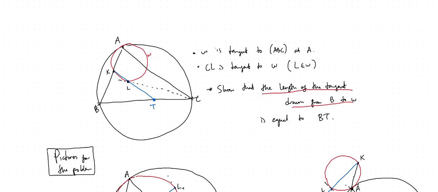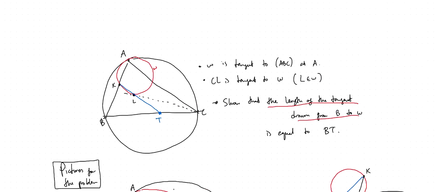If we can know the power of a point with respect to a circle, in this case, can we somehow express the power of B with respect to omega on this figure in terms of the points that are already defined?